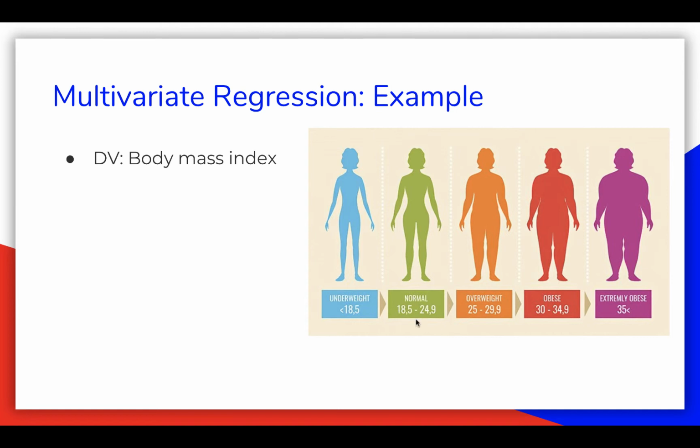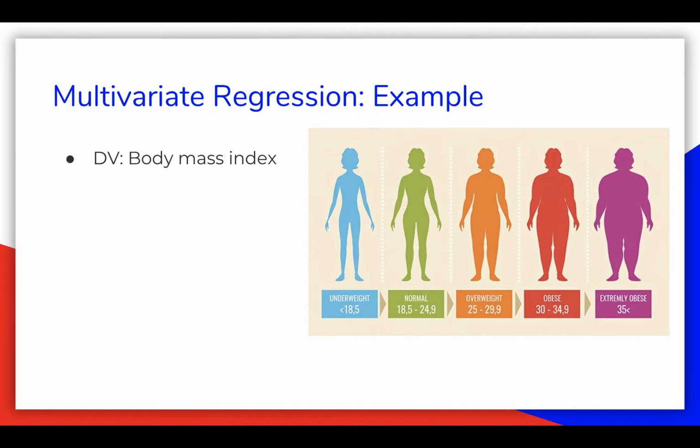If it is between about 18 and 25, that's considered normal. If you start getting above 30, though, that's considered obese, right? And say I'm interested in explaining how one gets a certain body mass, right?